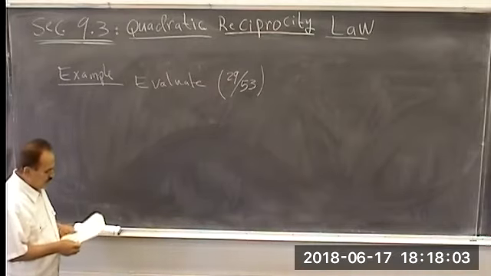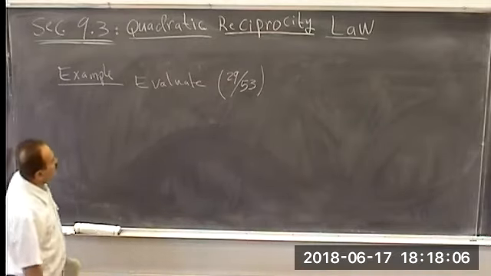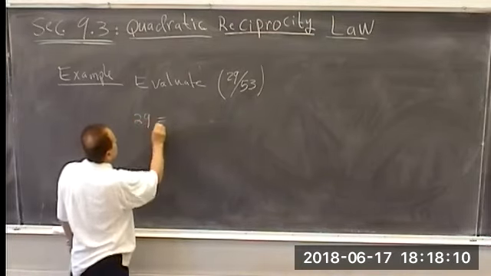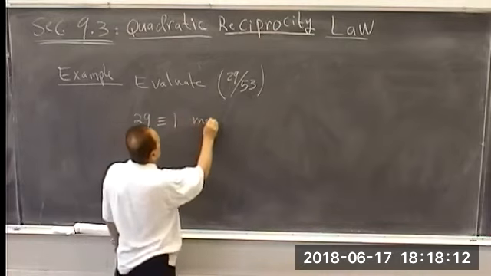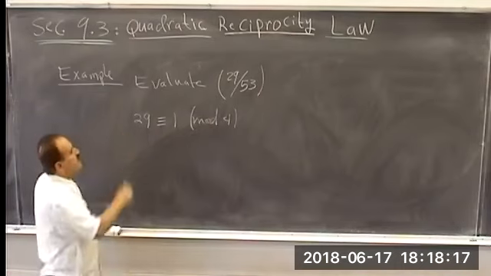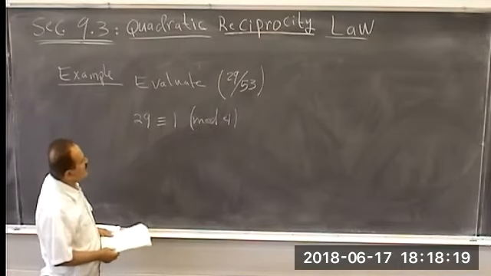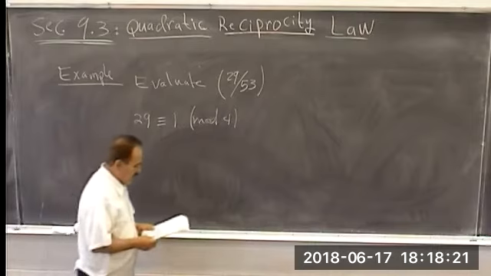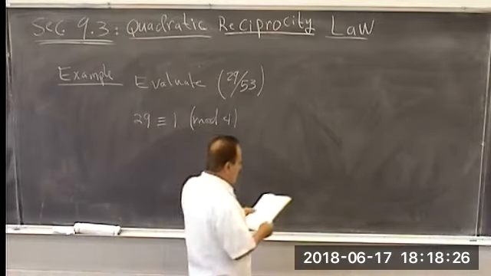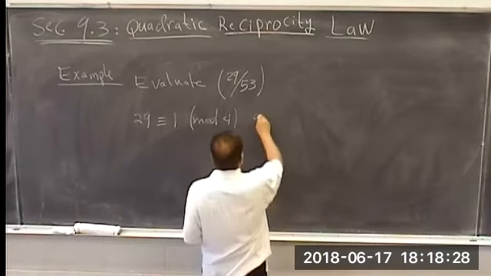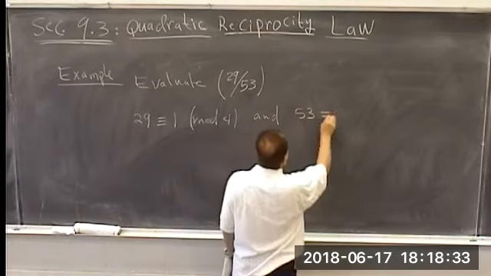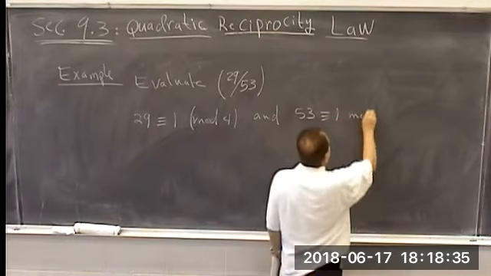All right. First of all, we have that 29, in fact, is congruent to 1 mod 4. Also, 53 is also congruent to 1 mod 4.